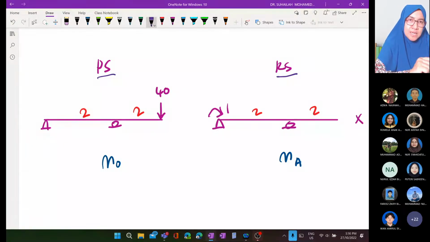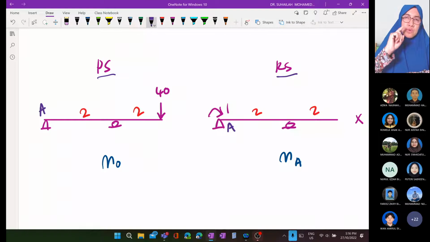So the original at A is fixed, but after removing the redundant, the fixed becomes pin. If it is pin and you want to remove another one, you have to remove the horizontal reaction so that it becomes roller. So from fixed to pin, from pin to roller.